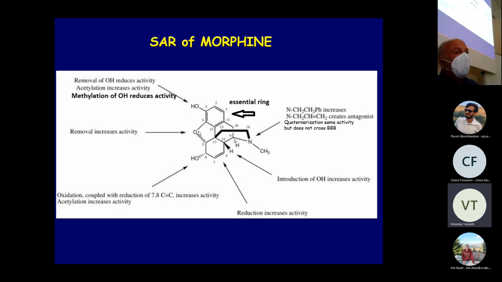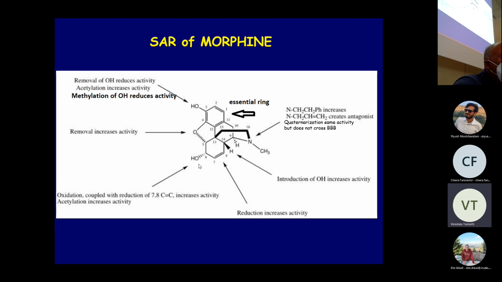The ethereal oxygen, the epoxy oxygen, is not important. We can remove this atom, and so we can have a slight increase of activity. The second OH group present on ring C is not important.